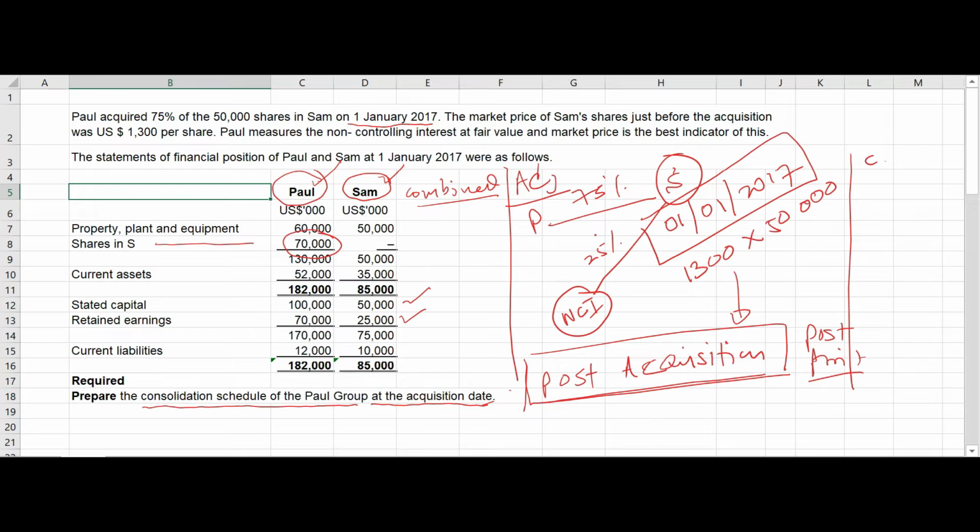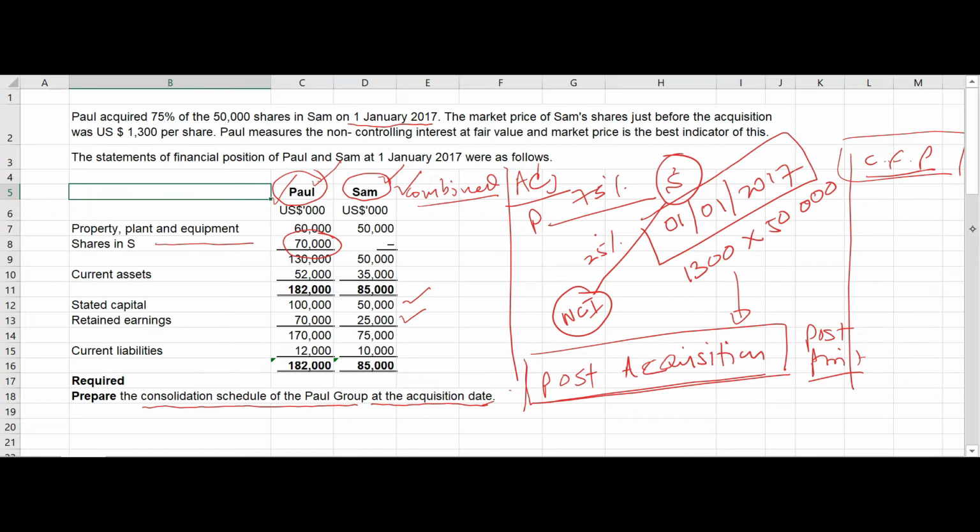When you prepare the consolidated financial position, certain items in the financial position of the parent company will be removed, as well as certain items in the subsidiary company will be eliminated, because they will not form part of the group.